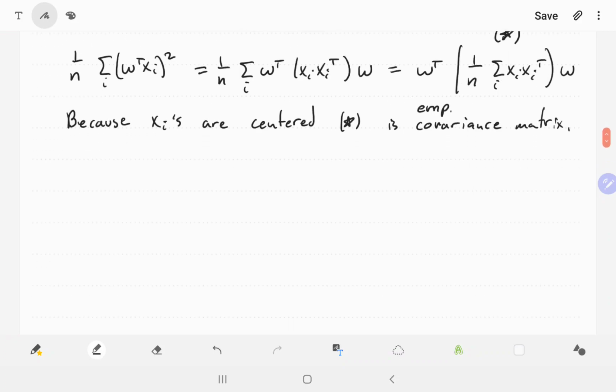Now let's think about what this is. First of all, the sample covariance matrix, we're going to denote with sigma hat, which is equal to 1 over n, sum over i, xi xi transpose.